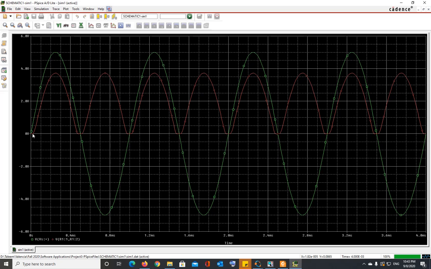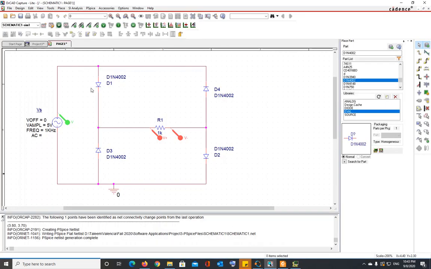And of course, you see that it's starting a little late because of the voltage across the two diodes. Each diode has to drop 0.7 volt when it is turned on. So the total voltage drop across both diodes which are turned on will be 1.4 volts. The rest of the voltage will appear across the output.